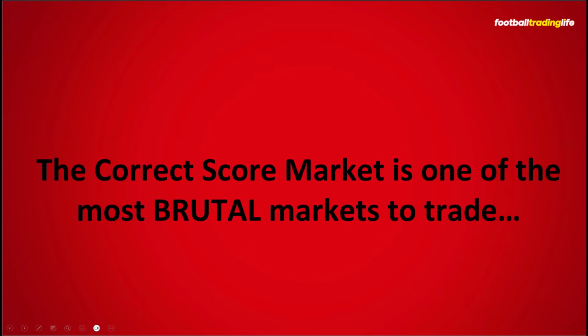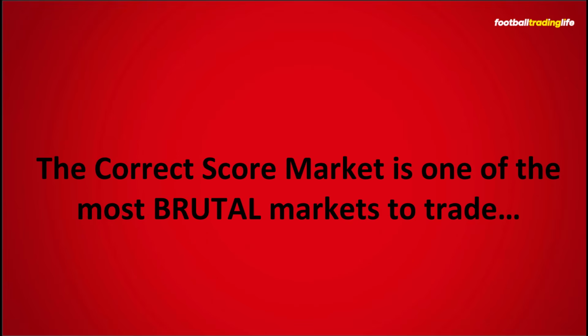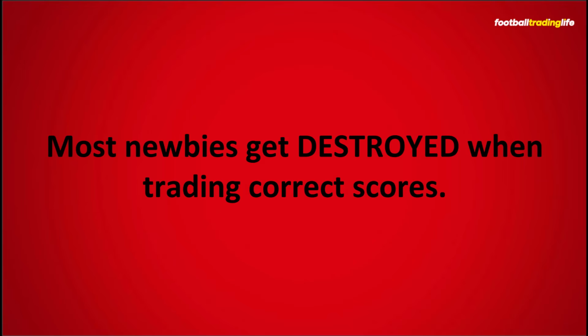So I'm not going to sugarcoat it. The correct score market can be one of the most brutal markets to trade on the betting exchange. Most newbies who attempt correct score trading get absolutely destroyed, especially those who watch a few videos, think they know what they're doing, and then just dive right into the markets.